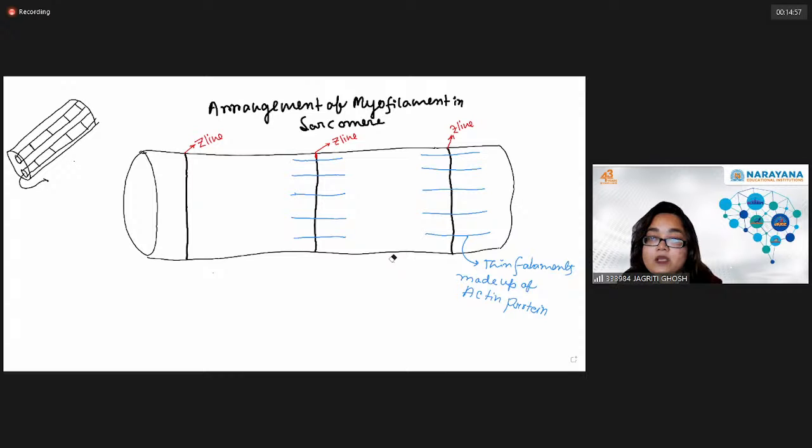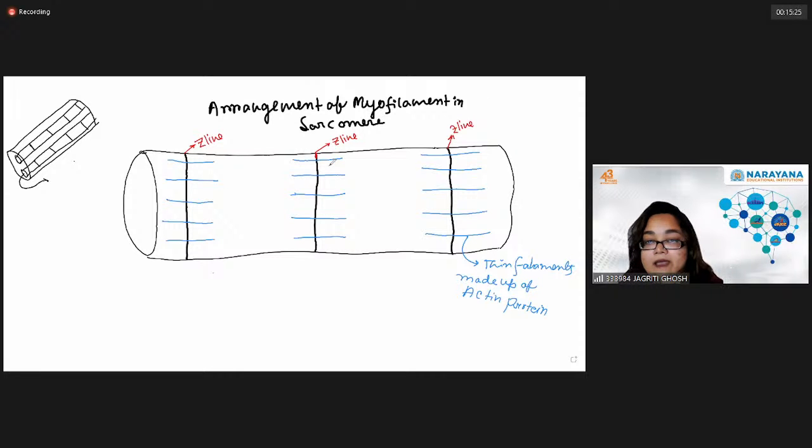Okay. So now, this is also thin filament, and here, as it is a Z line, here is also thin filament present. In between two thin filaments, one thick filament is also present.